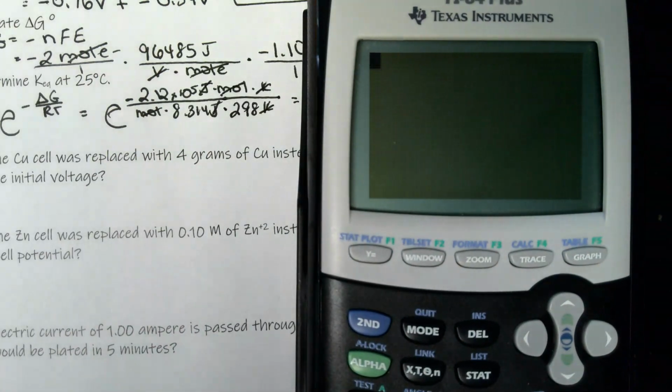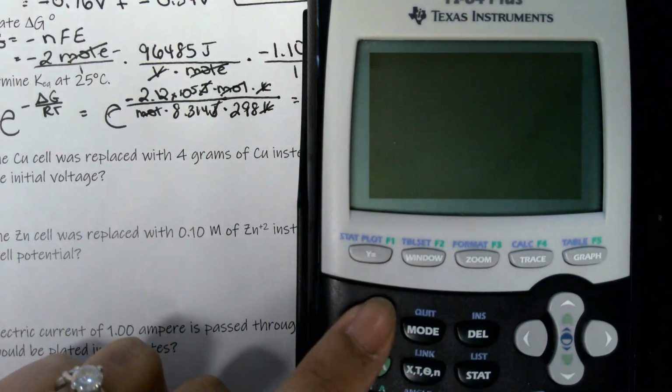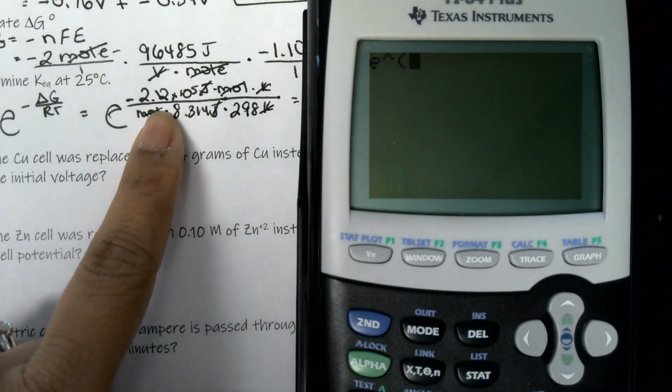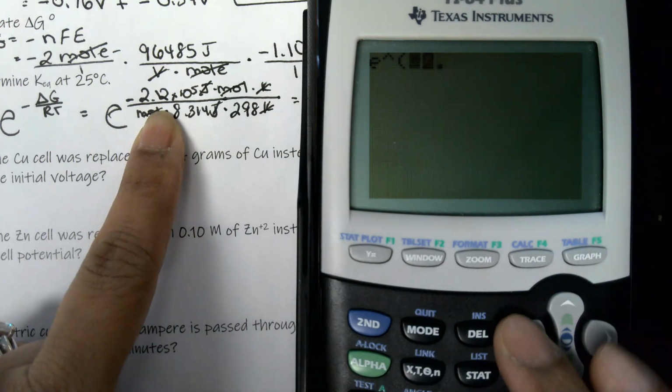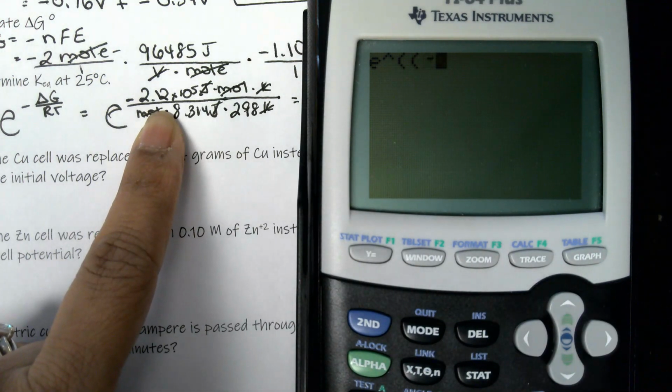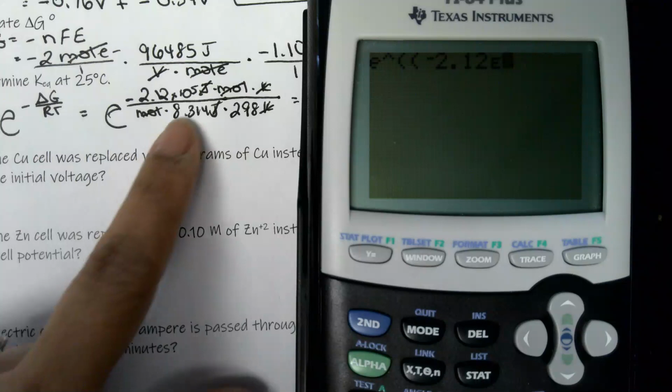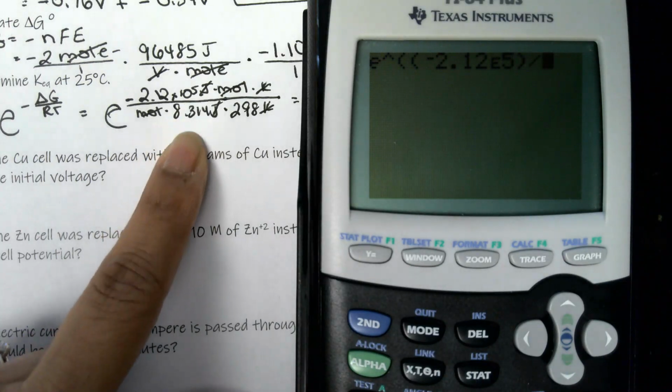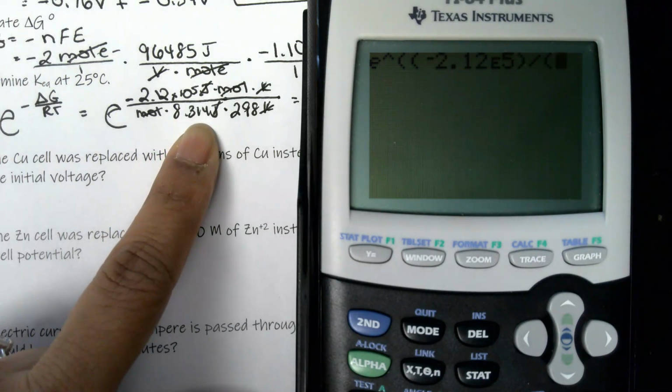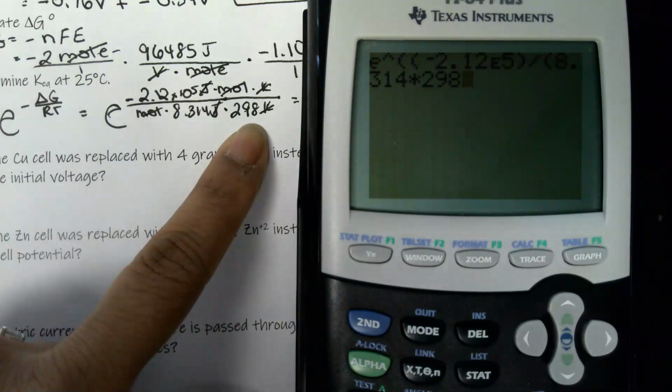All right, and my handwriting is very messy. My apologies. Looking at the top, I've got negative 2.12 times 10 to the 5th. I'm going to put those in another set of parentheses because I like to whenever I have scientific notation, just to make sure everything gets in there correctly. And then 8.314 times 298.